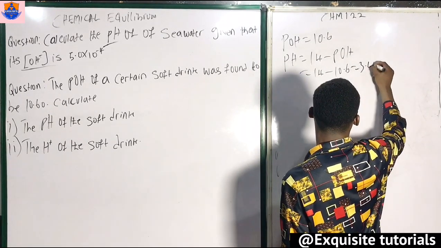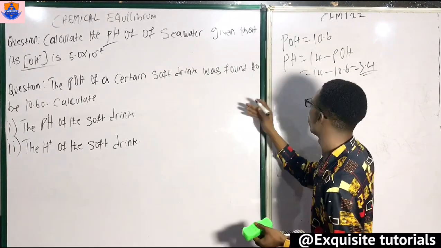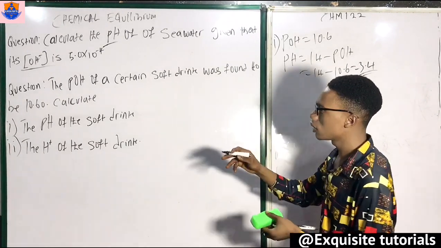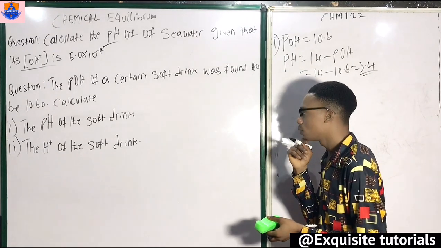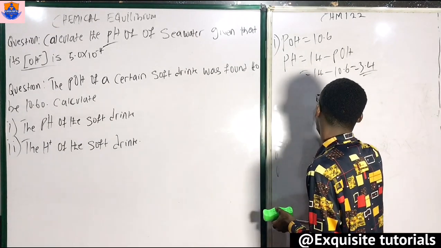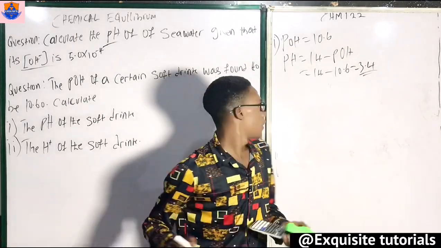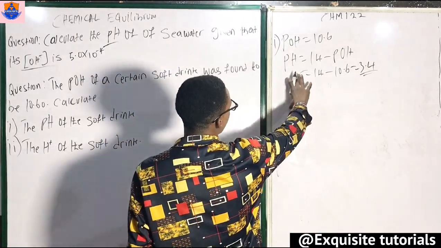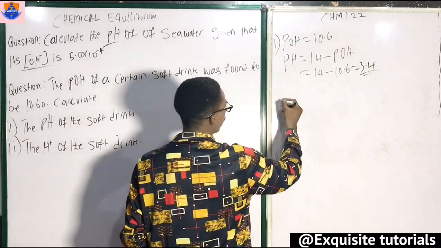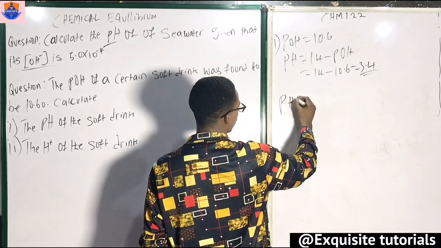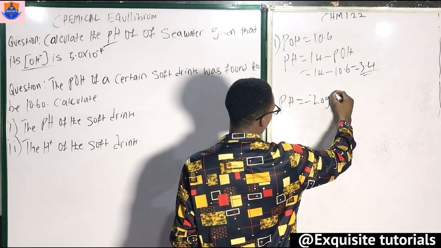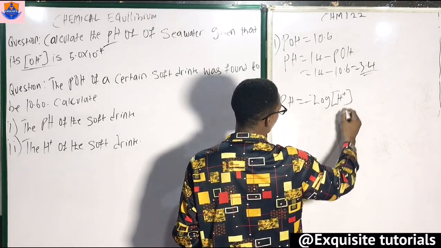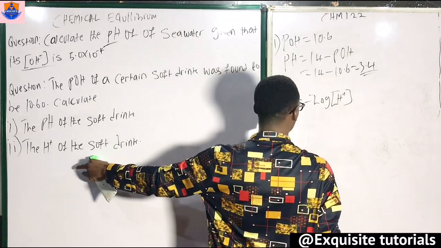That's 3.4. Now this is the answer to question A. Now it said calculate the hydrogen ion concentration of the soft drink. Since we have our pH to be 3.4, recall that pH is equal to minus log concentration of hydrogen ion. We have to find the hydrogen ion.